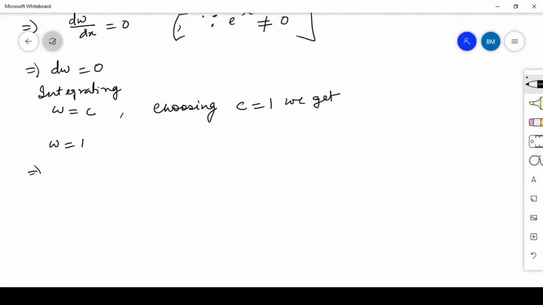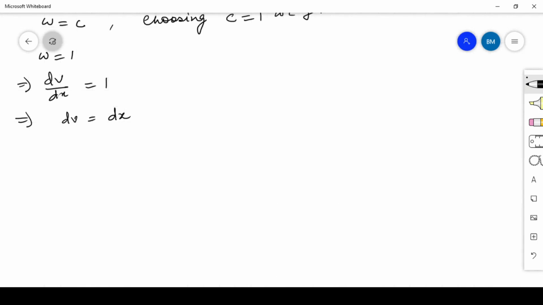But what is w? w is dv by dx, so it is equal to 1. This will give dv equal to dx, and by integrating I get v equal to x plus some c naught, where c naught is an arbitrary constant.